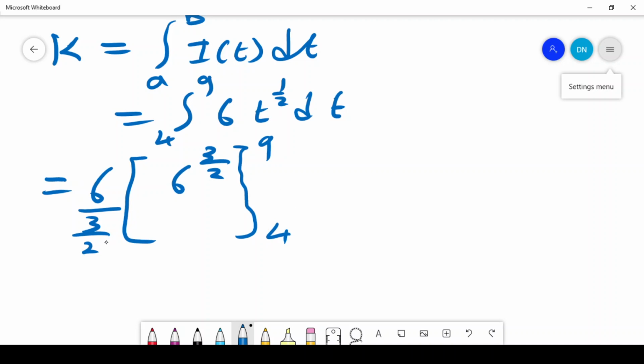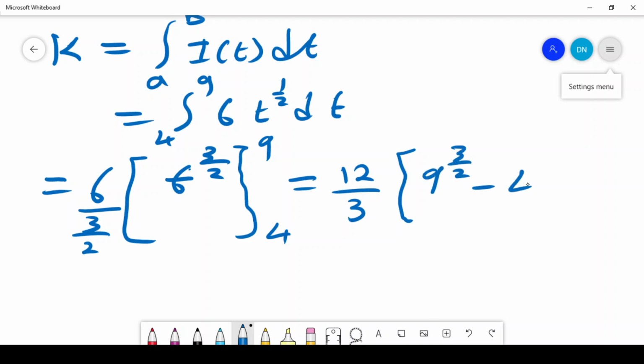So 6 over 3 over 2 is 6 divided by 3 over 2. So it is 12 over 3. This is t, not 6. So it will be 9 raised to 3 over 2 minus 4 raised to power 3 over 2.